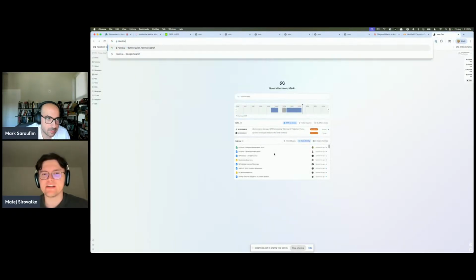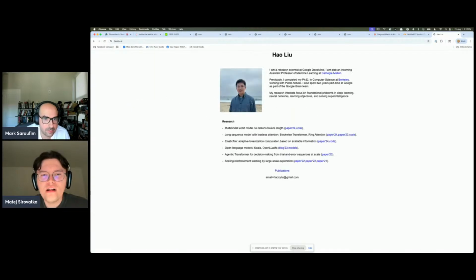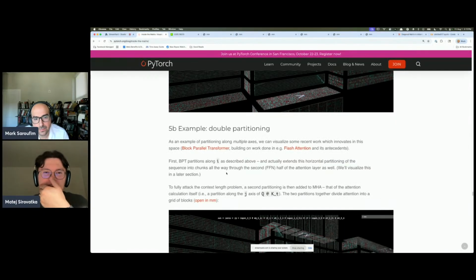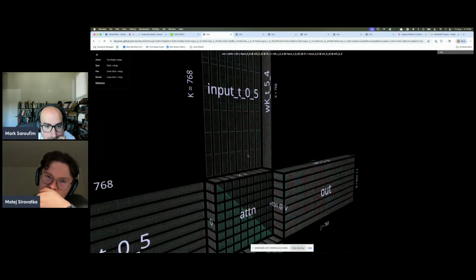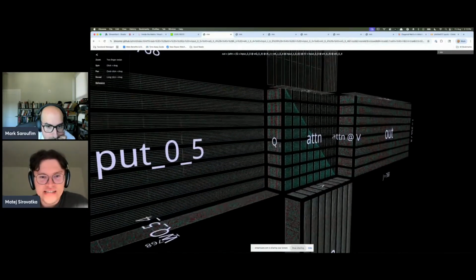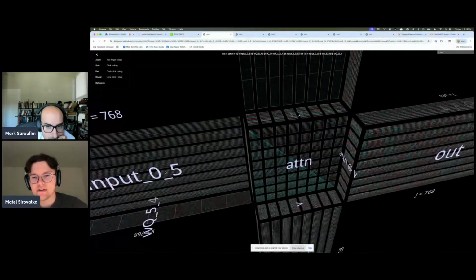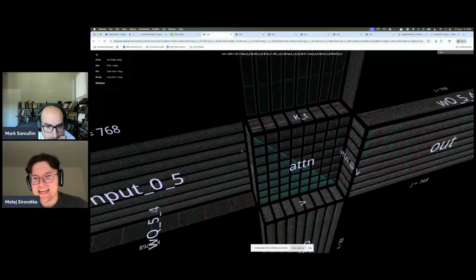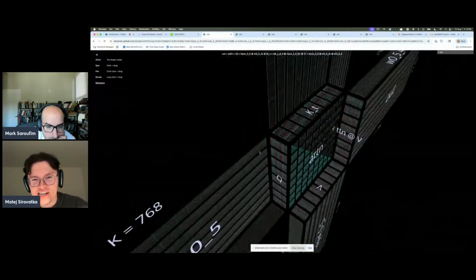Yeah. So how ring attention works, I can actually showcase ring attention on this very easily. You can see that Q, K, and V are sharded across a sequence dimension, right?